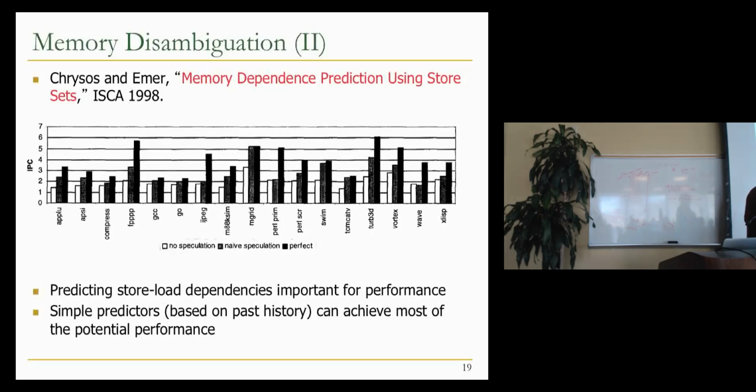So let me give you an example from this paper about the impact of this. Why am I covering this in a little bit of detail? This is a bunch of applications that were in the SPEC suite at the time the paper was published. And this paper is actually from Digital Equipment Corporation. They evaluated some of the predictors they were designing for the Alpha 21364.